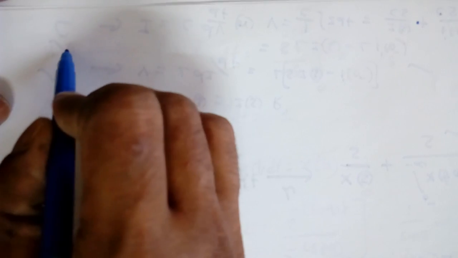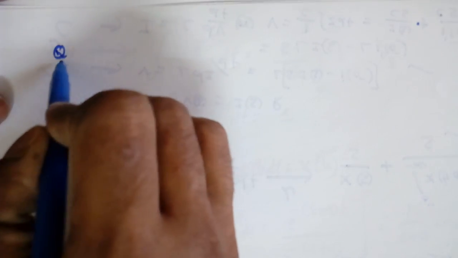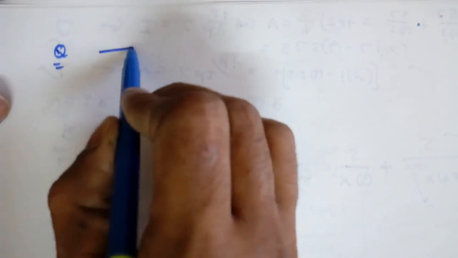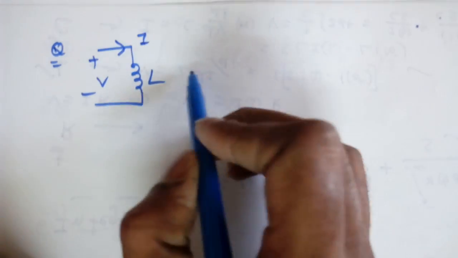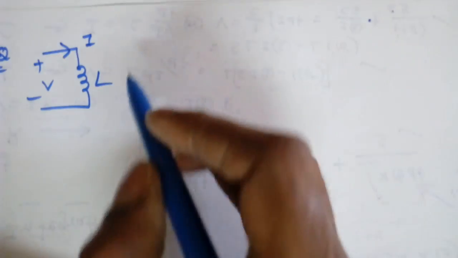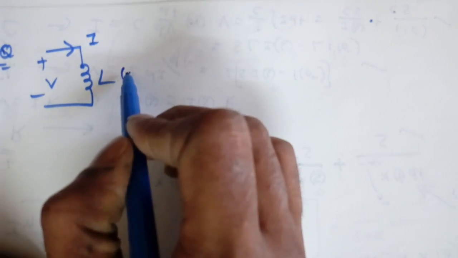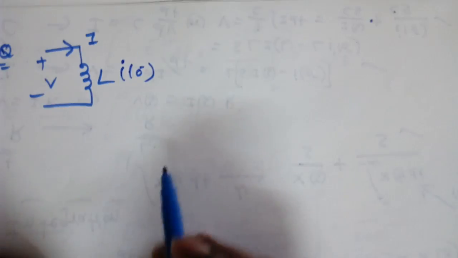Now we will see the transient. Suppose I want to do the transient concepts using the Laplace domain, then it is very easy. Suppose I take an inductor, and this is V and this is I. How do we represent it in the Laplace domain if it has an initial current of I of 0 minus?